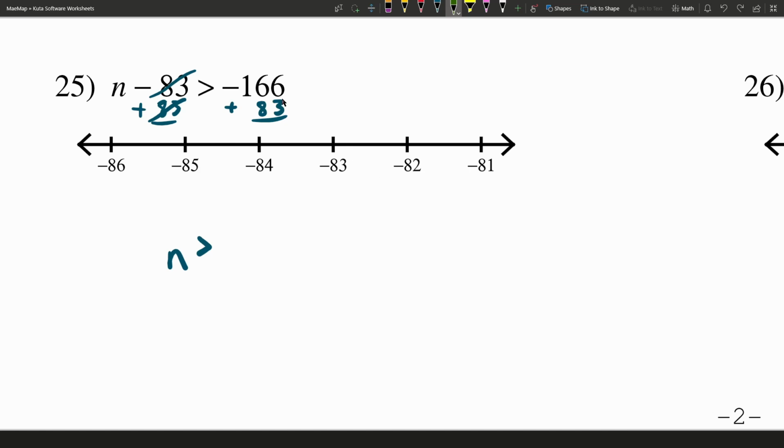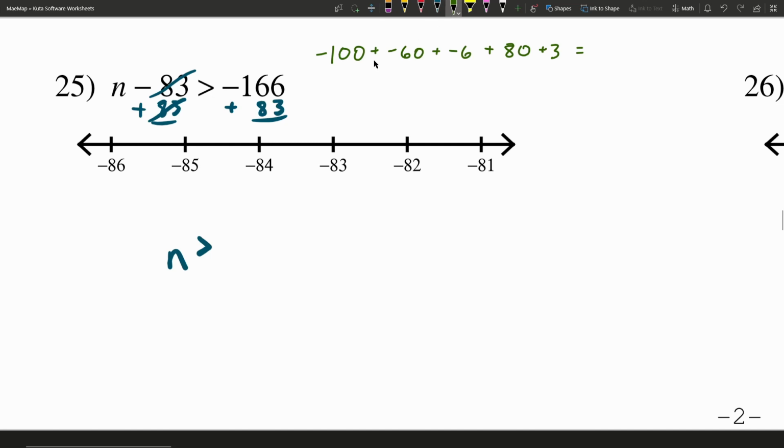Let's break negative 166 up into negative 100 plus a negative 60 plus a negative 6, and let's break 83 up into a positive 80 plus a 3. I know this looks like a lot more work, but if you're struggling mentally to do this out, just write out the hundreds, tens, and ones, and then combine them.